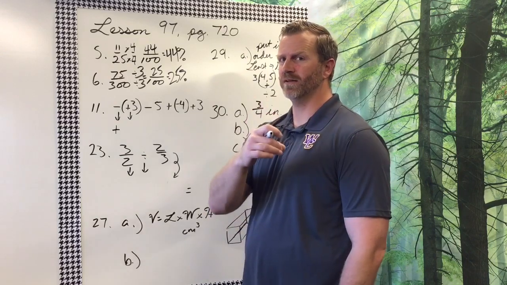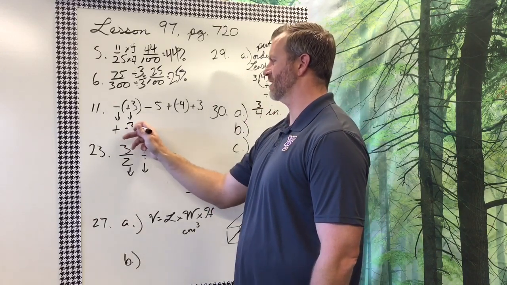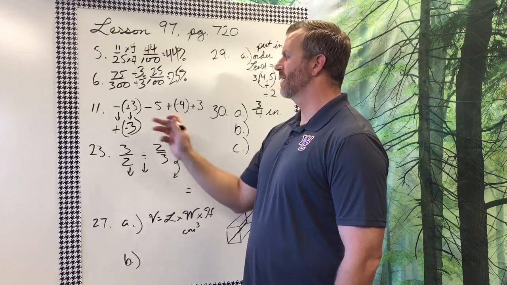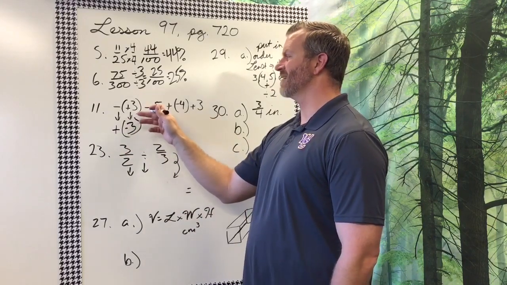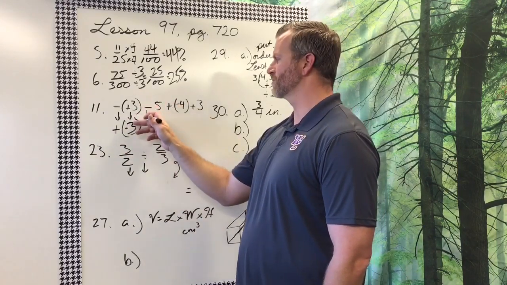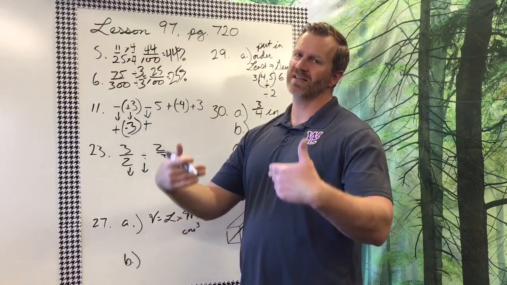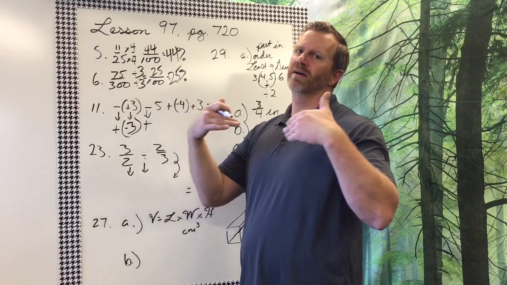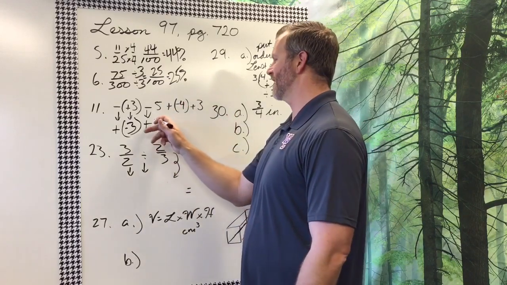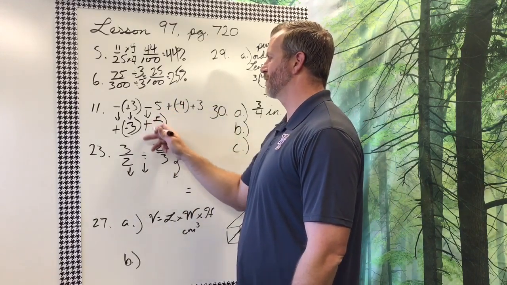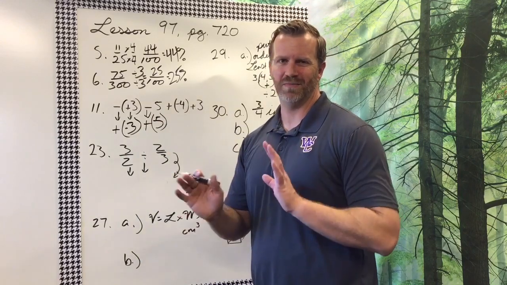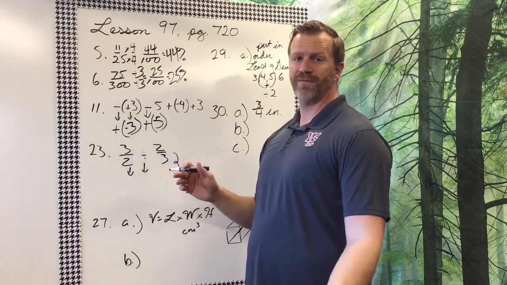It now becomes negative 3. This is minus a positive 5, so as we drop down, we do the same thing: make it a plus sign, and the positive 5 becomes -5. I'm going to put parentheses around it just so I don't get mixed up. Now, plus a -4.